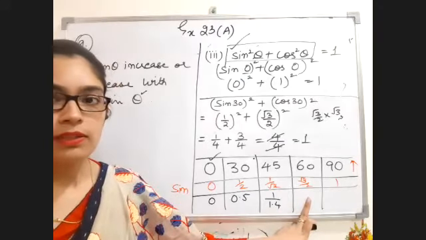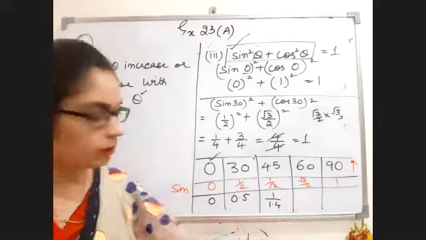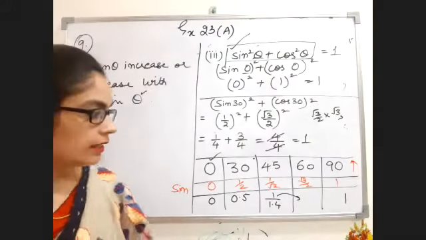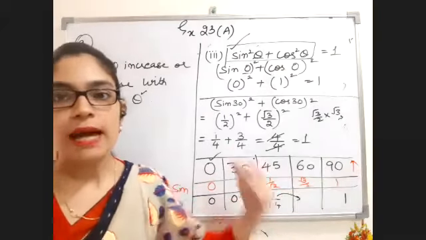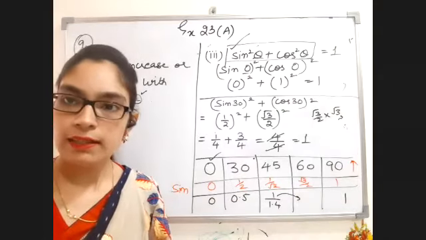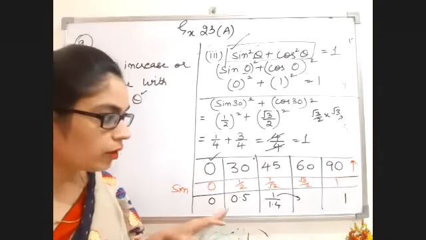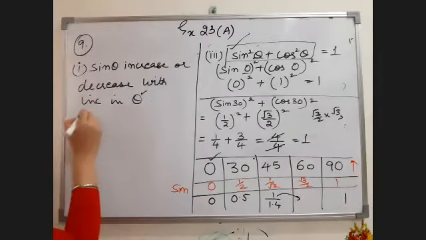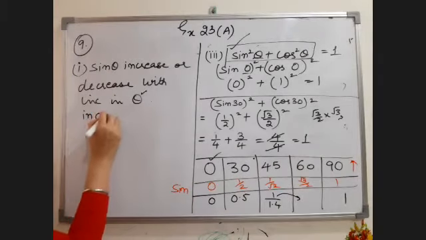This value will be 0 point something greater than this, and this is 1. So we can see if theta is increasing, if angle is increasing, sine is also increasing. You can see it is starting from 0 and till 1 it is increasing. So first point is increasing.